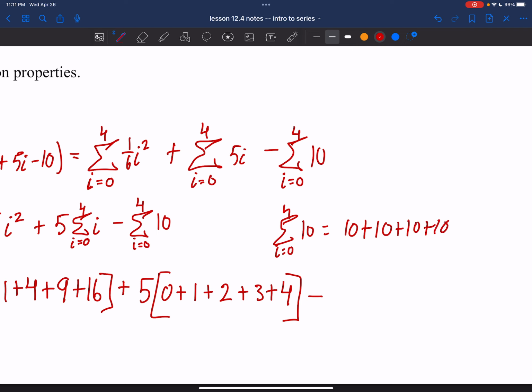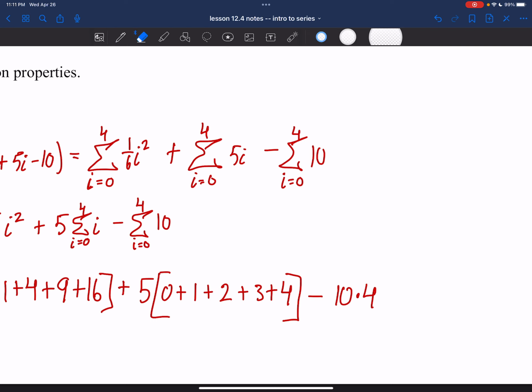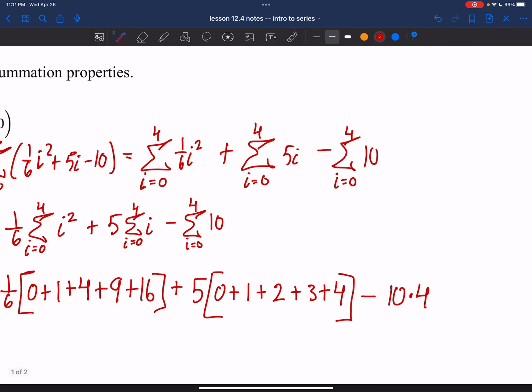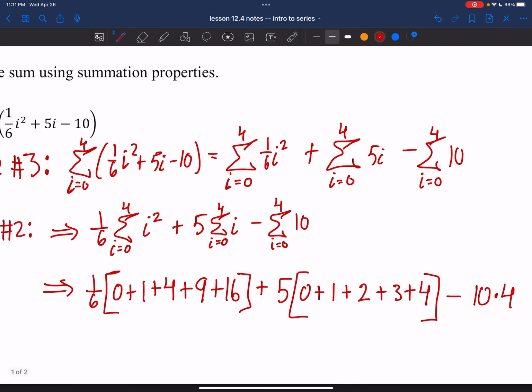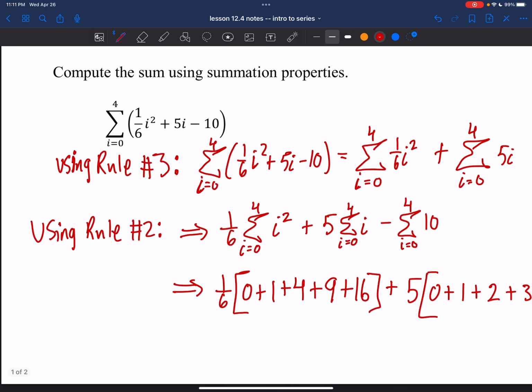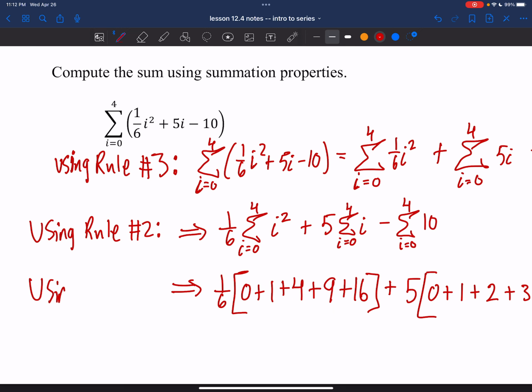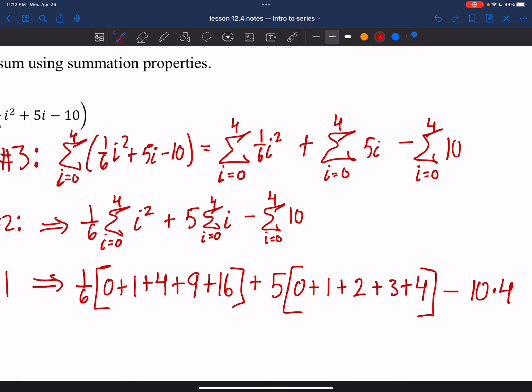But if you use rule number 1, you can just write that as 10 times 4, which is a heck of a lot easier, especially if the term on top went really big. And so this was using rule number 1. And now you can add up all these things together.